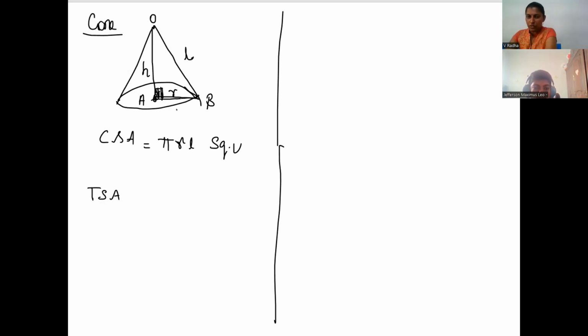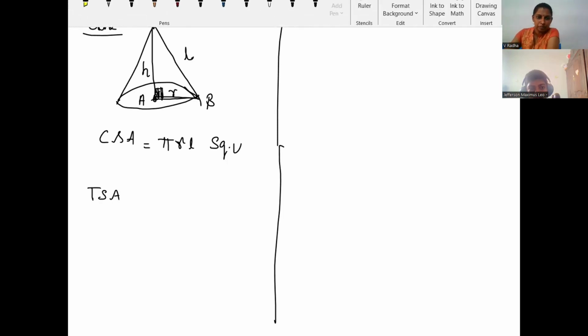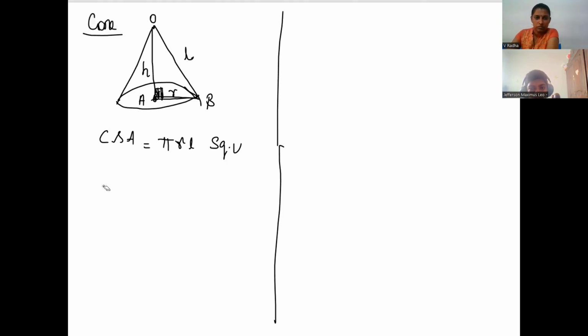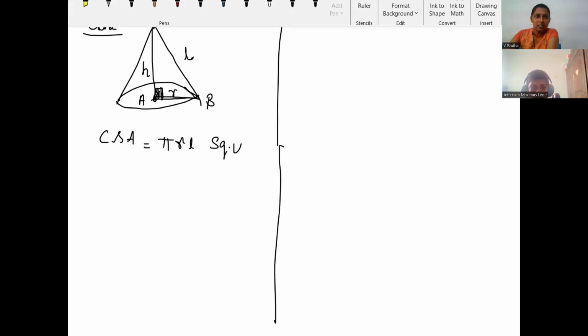Sometimes out of these three measurements, only two are given and one term is missing. At that time, we find the unknown term. Suppose L is missing, how to find? The triangle here is a right angle triangle.